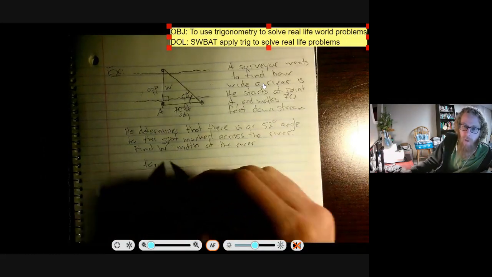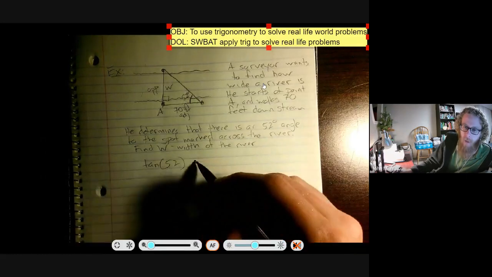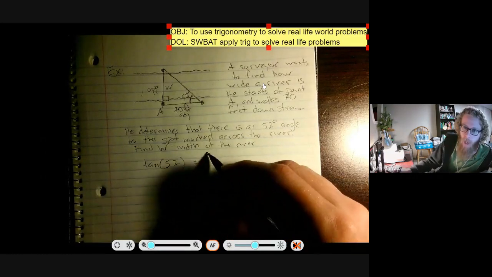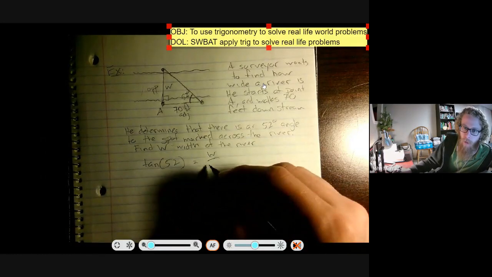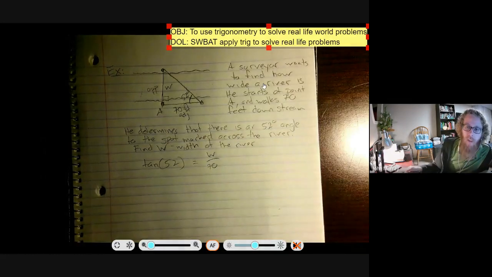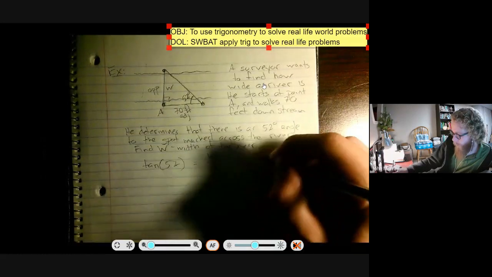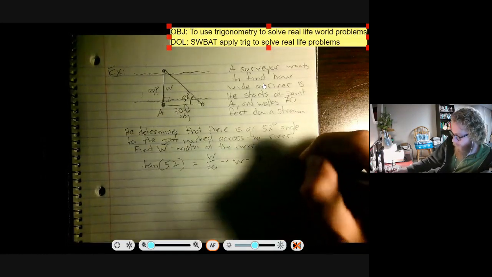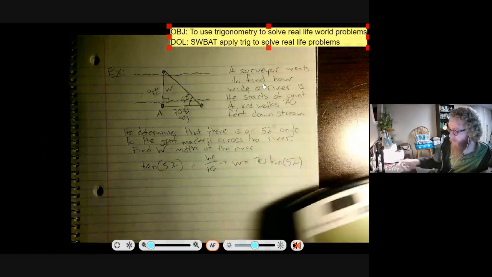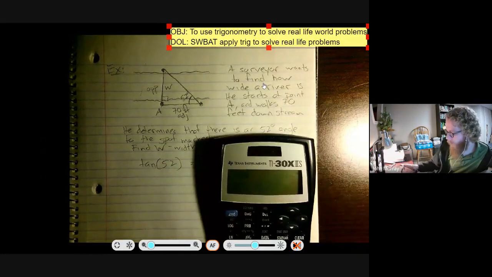So that tells us we're dealing with tangent. So I'm going to have the tangent of 52 is the opposite, which we have as W, over 70, which is our adjacent. Right, so we can find 70 times the tangent of 52.